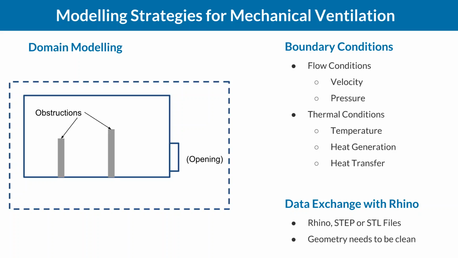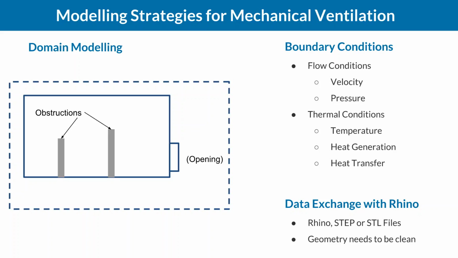Regarding geometry simplification and upload, it's quite similar to what we discussed yesterday. So in general, you can directly import your Rhino models to the SimScale platform, and for this, you can choose between a native Rhino file reader, you can use a STEP file import function, or you can import STL files.